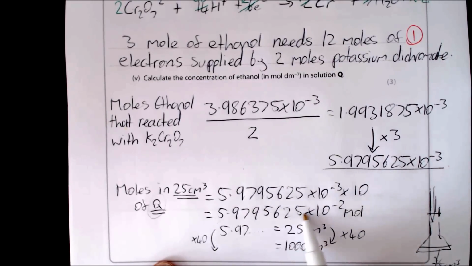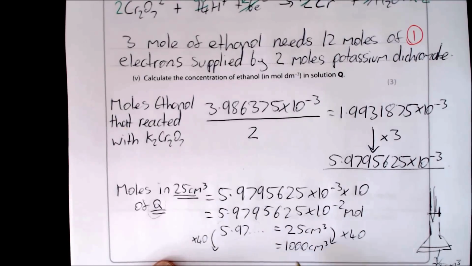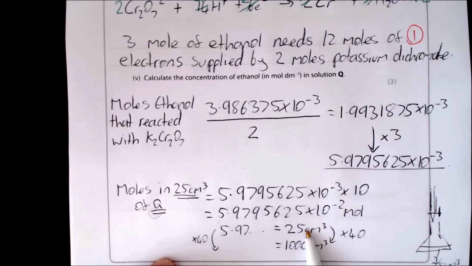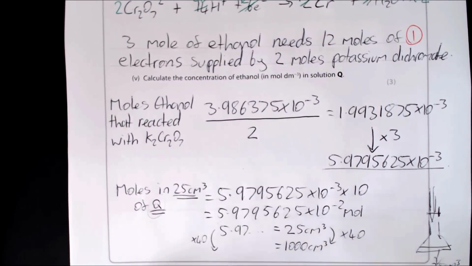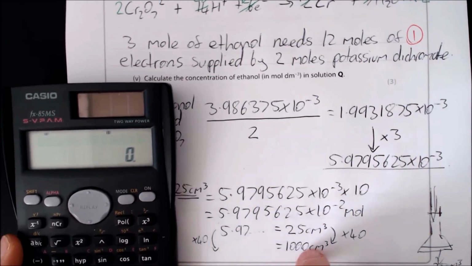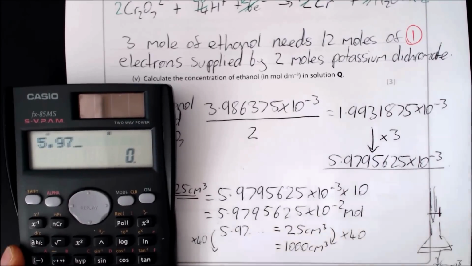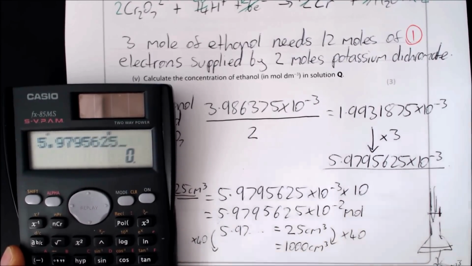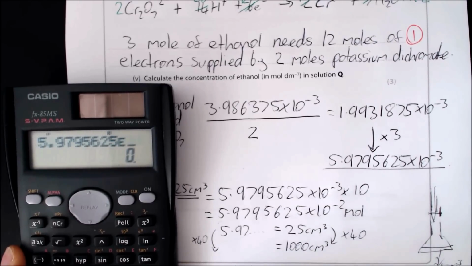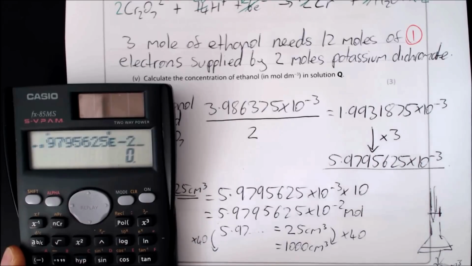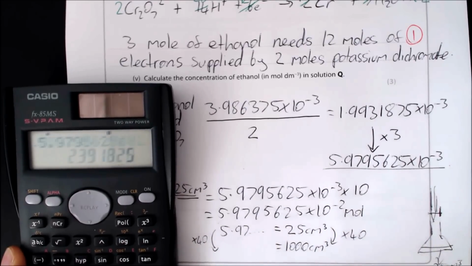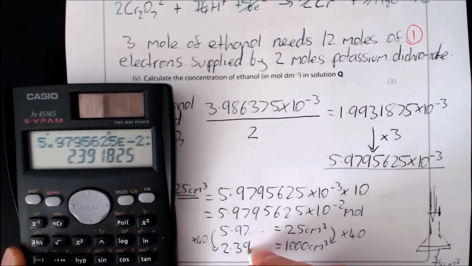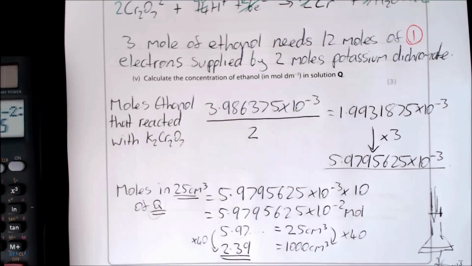I'm only doing this to illustrate where we're going with this. We're going to take this number, multiply it by 40, and this will tell us in moles per decimeter cubed how many it is, because at the minute this number is moles per 25 centimeters cubed, which is not what we want. So we take 5.979565 times 10 to the minus 2, multiply that by 40, and we should get 2.39, and that's going to be your answer.